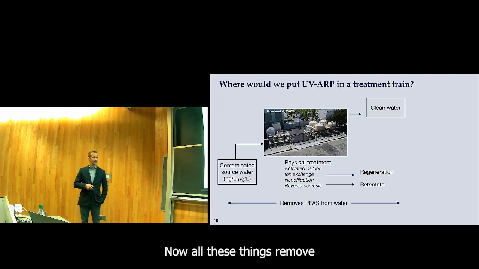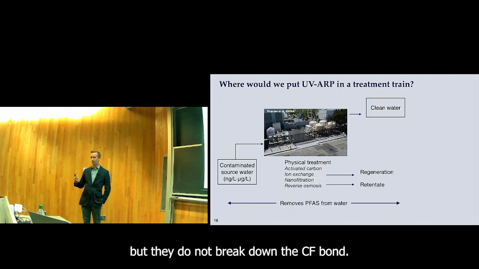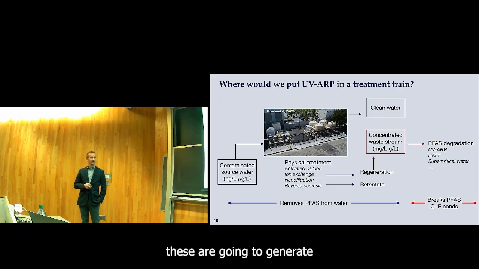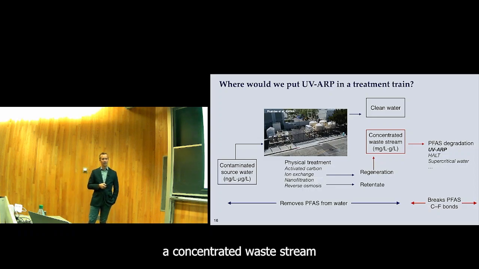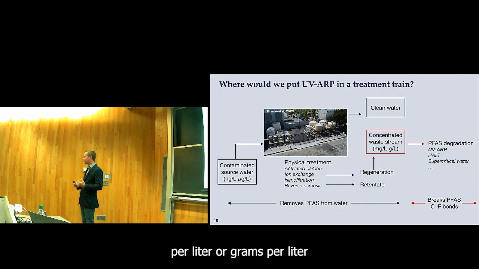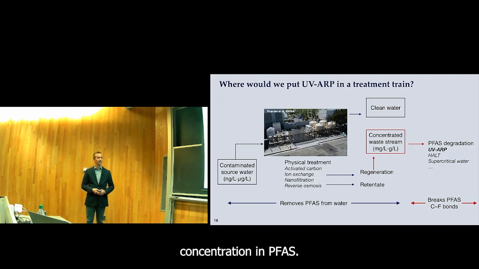Now, all these things remove PFAS from water, but they do not break down the C-F bond. And so these are going to generate a concentrated waste stream, maybe milligrams per liter or grams per liter concentration of PFAS.